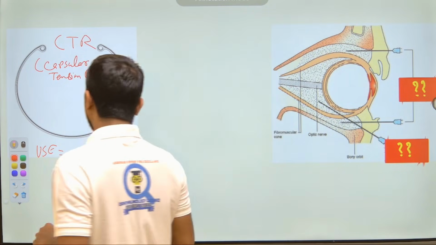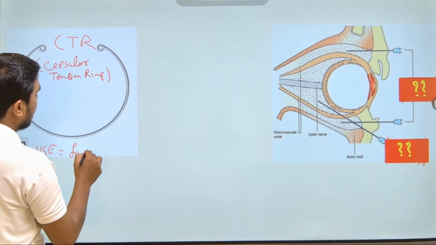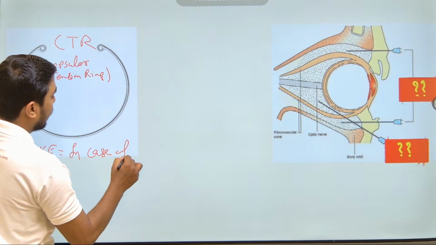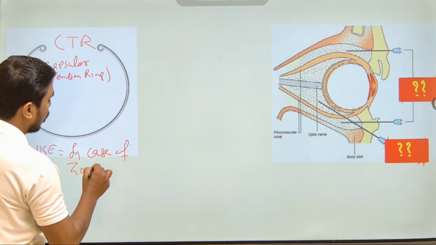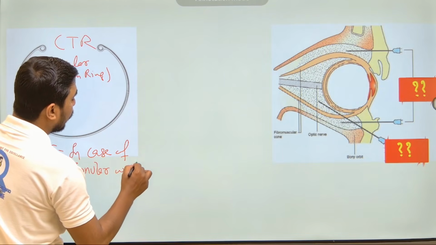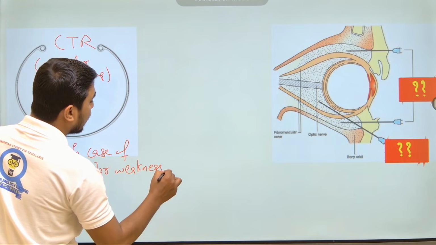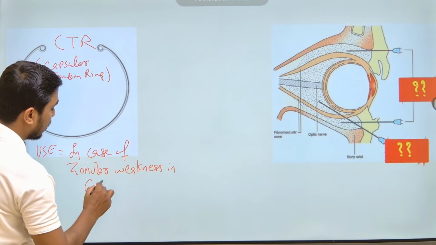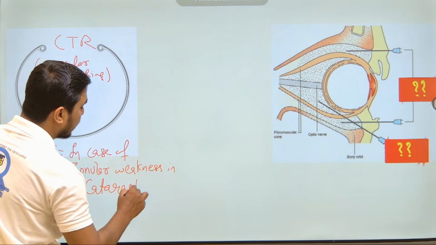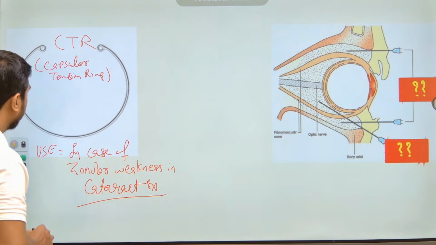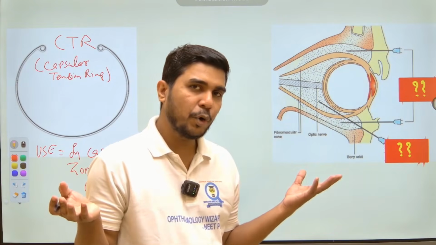So this is used in case of zonular weakness in cataract surgery. Now you understand, very important.